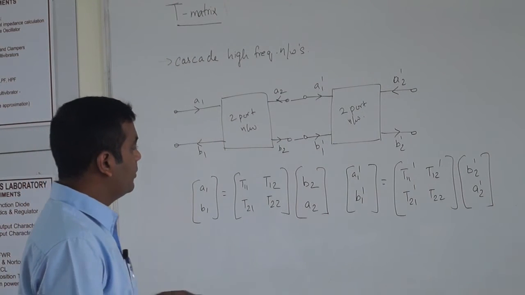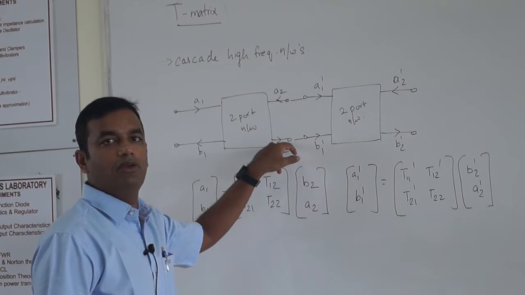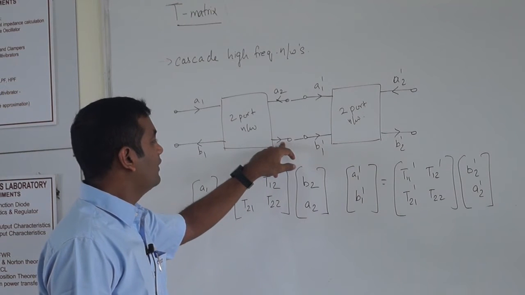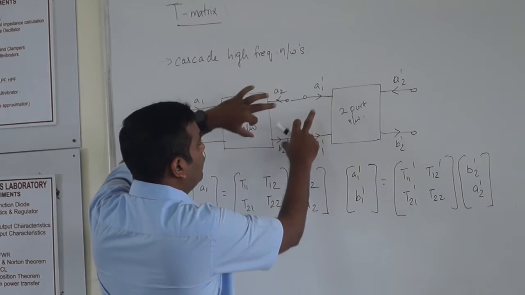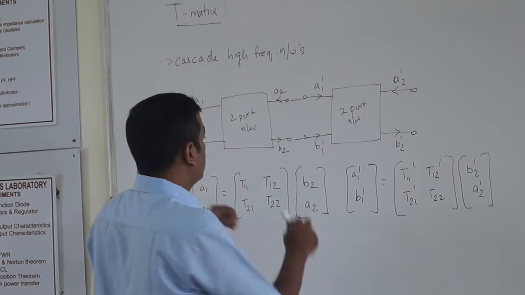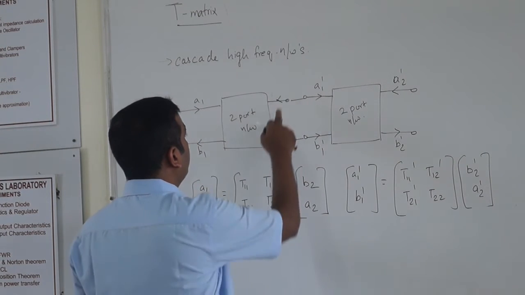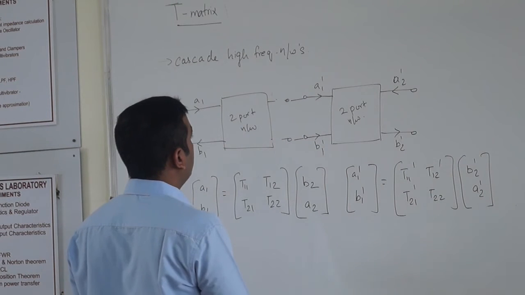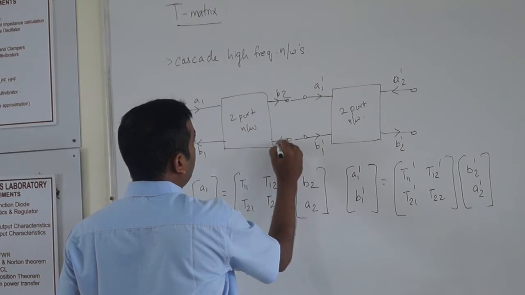Now look at this network. What is B2? B2 is the output signal. This output is entering into the second network. If you cascade both these networks, then this is the signal that is going to enter into the second network. So I'm just going to rewrite this as B2 and this as A2.